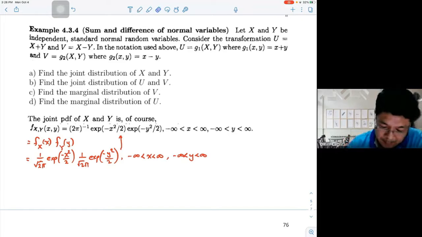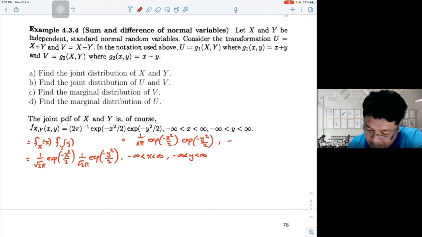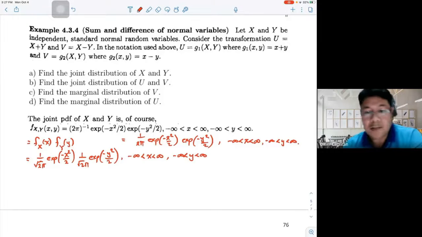Or we can just say this is equal to 1 over 2 pi. So we have the exponential function of negative x squared over 2, and then the exponential function of negative y squared over 2. Again, the support for our random variables x and y. Okay, so that's the answer for letter A.